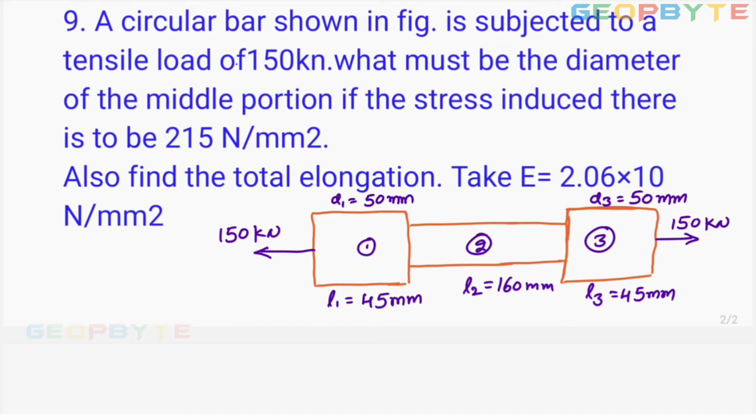Young's modulus E equals 2.06 into 10 raised to 5 Newton per mm square. Also find the total elongation.